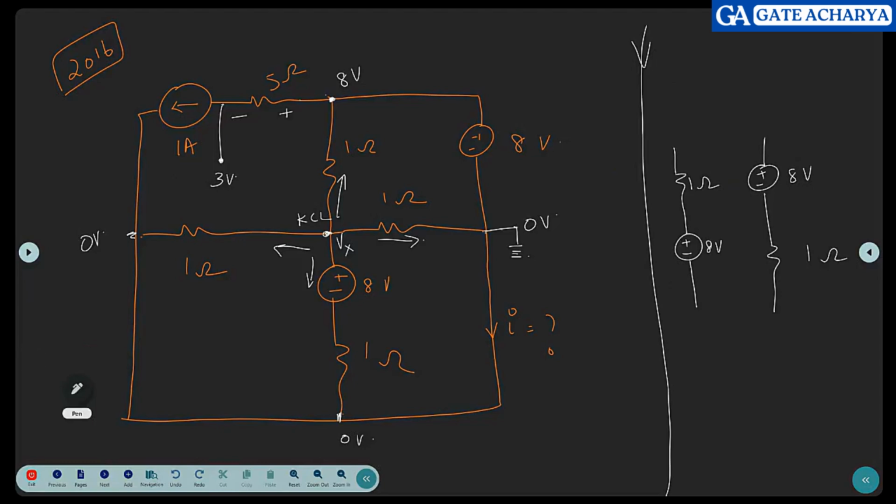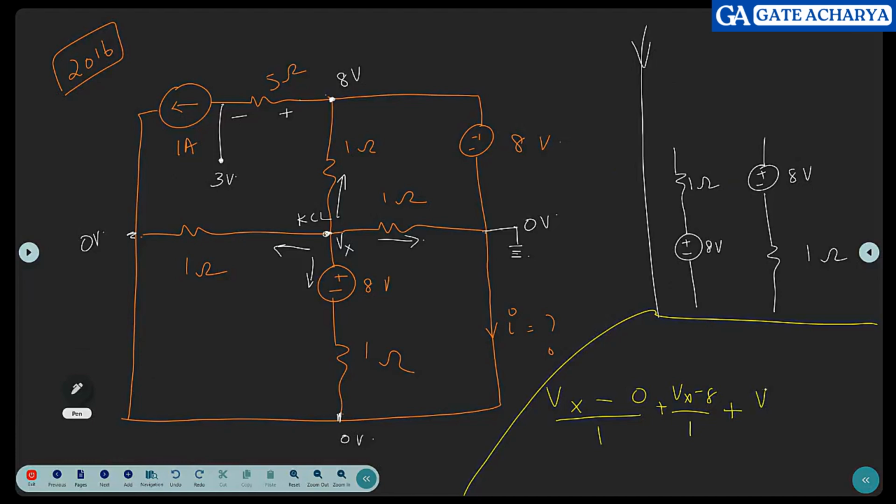Maybe I'll rub this off a little bit. Vx minus 0 divided by 1 plus Vx minus 8 divided by 1 equal to 0. Find Vx here.